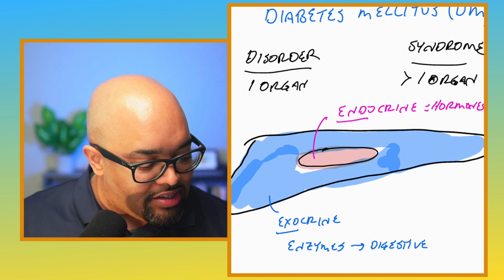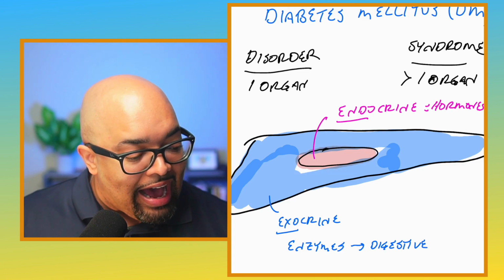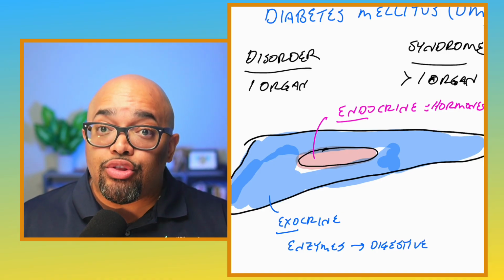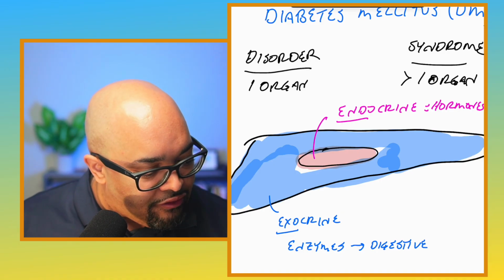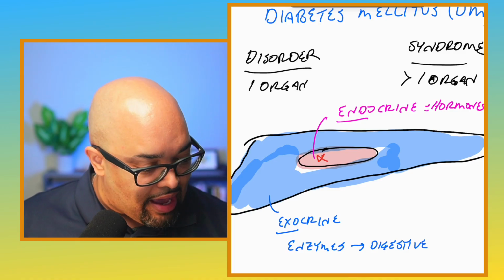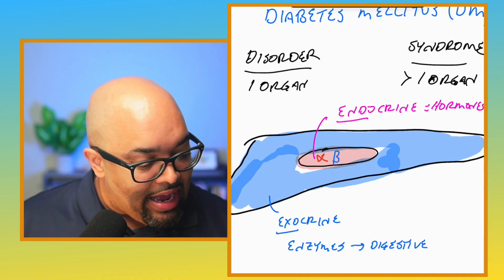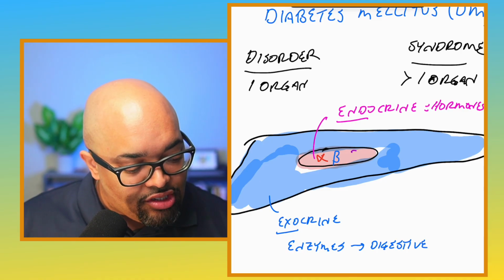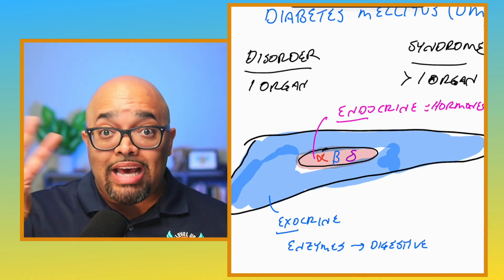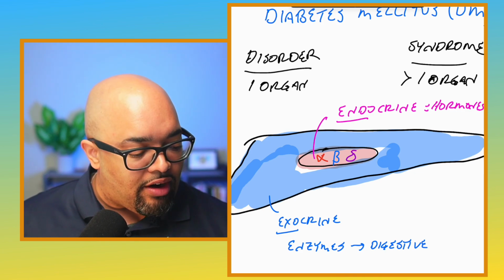So, remember, I told you about this section called the islets of Langerhans, right? Well, the islets of Langerhans produces three different cell types. The first cell type is known as alpha cells. The next cell type is known as beta cells. And then the final cell type is known as delta cells. So we have three cell types that are produced by the islets of Langerhans.